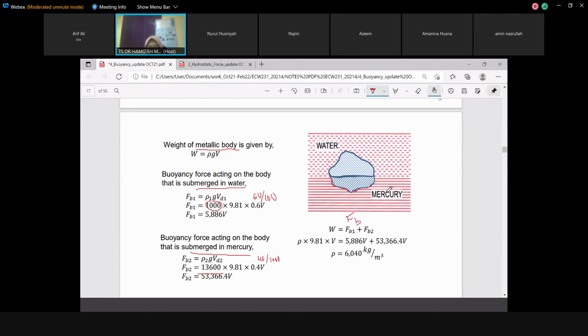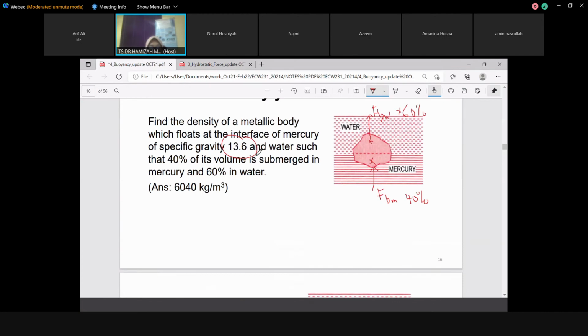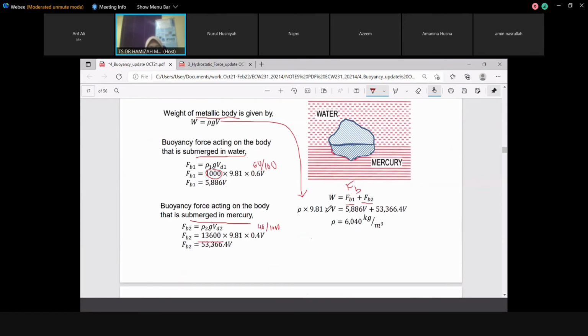That's why we have FB1 and FB2. And then the weight is using this formula. Density here is the density of the metallic body. So you can refer to, dia tak bagi density of metallic body. Okay, so that is the unknown we need to find.